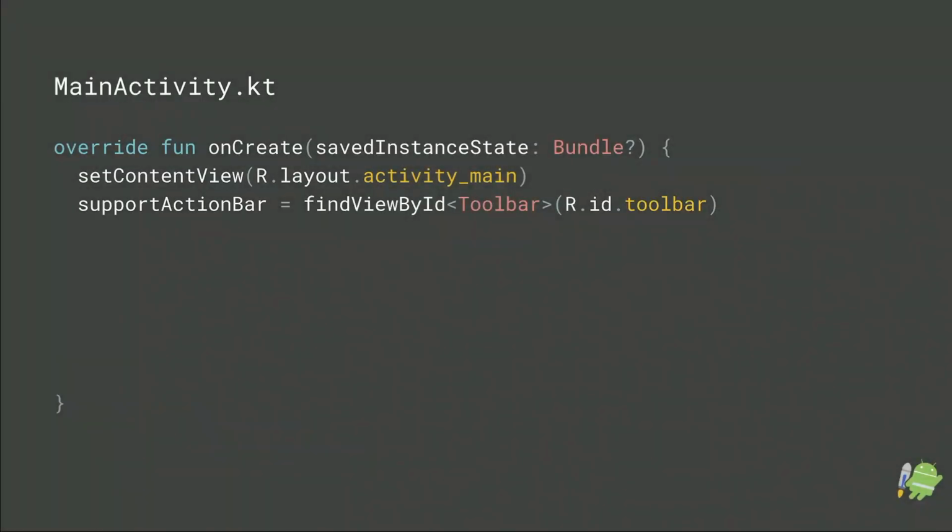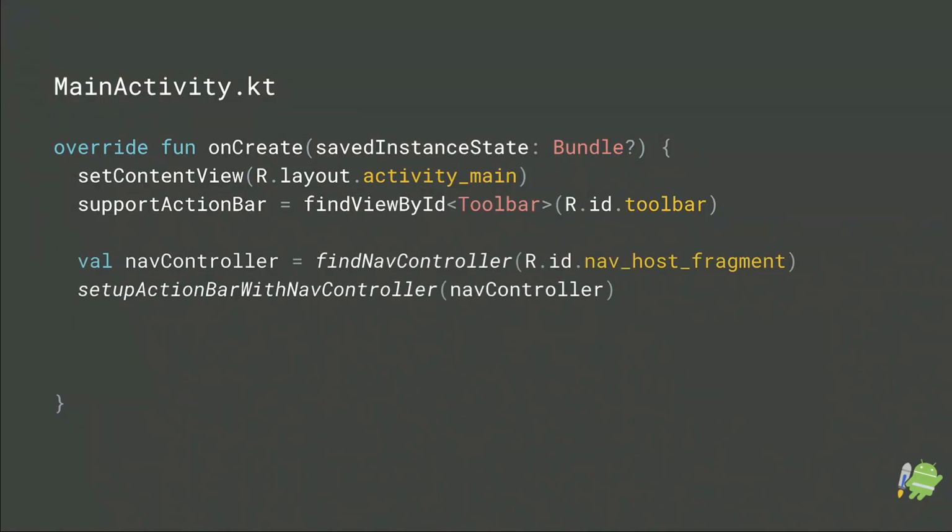So in code, we're just going to set up our action bar using our toolbar. And then we can do the same find nav controller to get our access to the nav controller object. And then we just have a Kotlin extension for activity that allows you to say, set up action bar with nav controller. And this does quite a bit of magic.